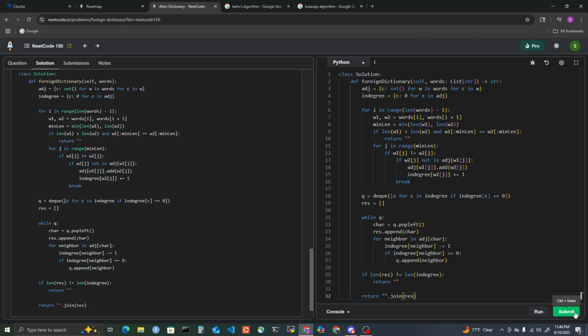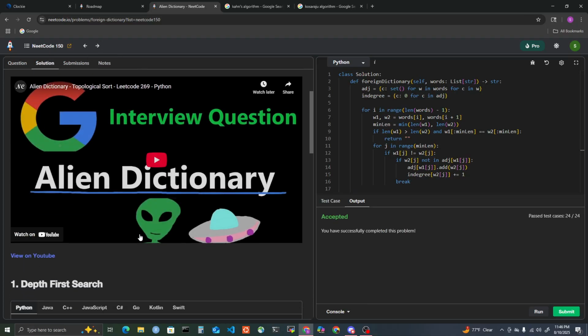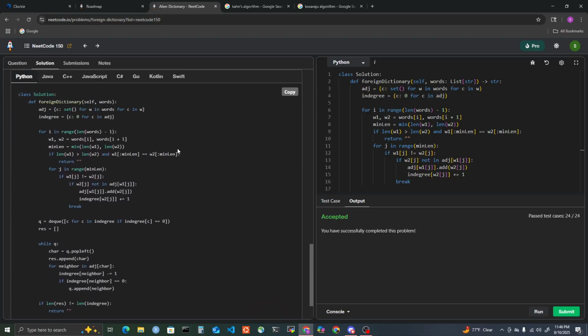I want to just run that real quick, see how it goes. Okay, so it accepts, but why? This is so confusing how this all works. I did not like advanced graphs. They break my mind, I'm not gonna lie.